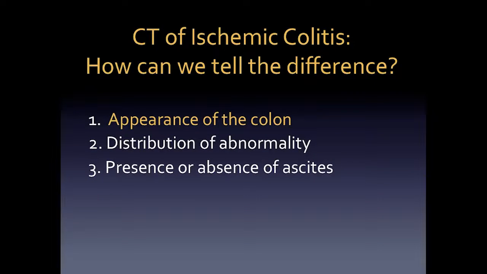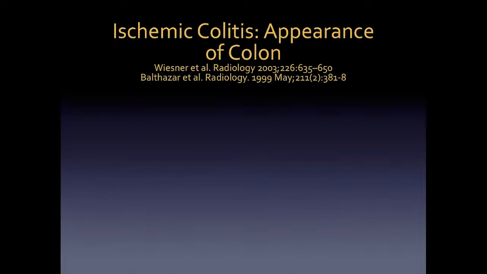And then lastly, let's talk about ischemic colitis and how we can tease that diagnosis out from IBD or infectious colitis. So again, starting with the appearance of the colon. Things we can look for here. This one is a little bit different than the previous colitides I've talked about in that you don't necessarily have wall thickening at all.